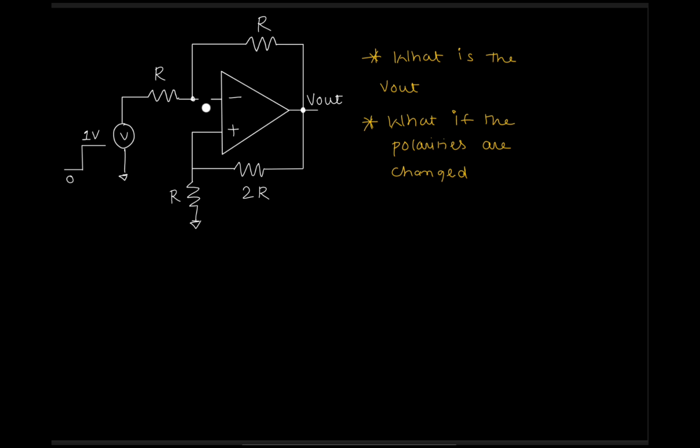The same thing that I explained previously: disconnect this, and now calculate V minus and V plus, and short this terminal. So Vx is equal to V out divided by 2R, and V plus is V out by 3R into R.